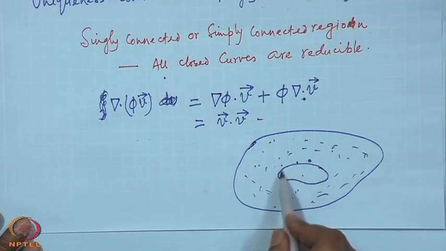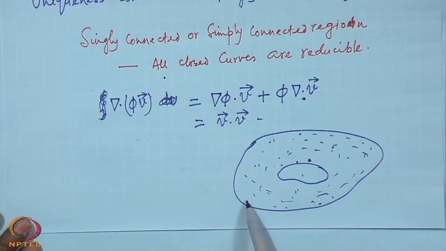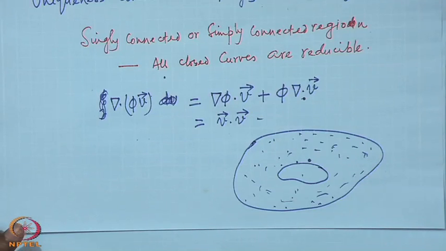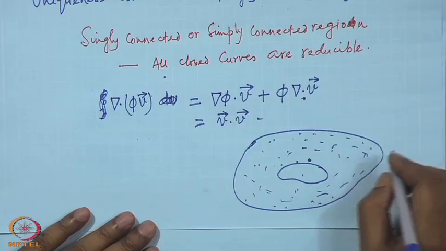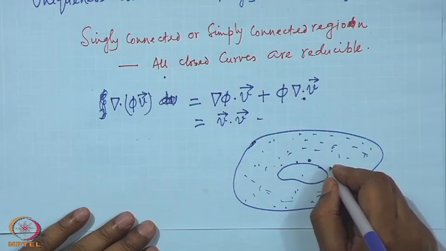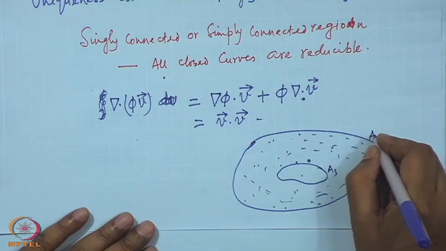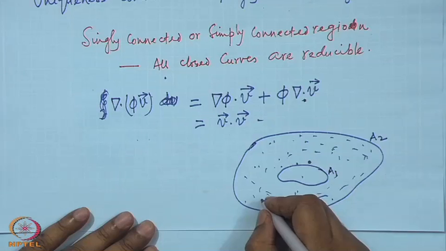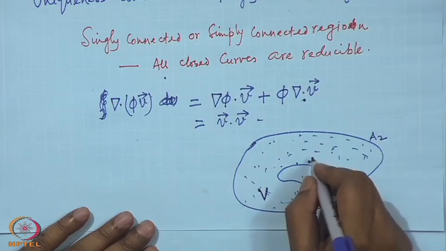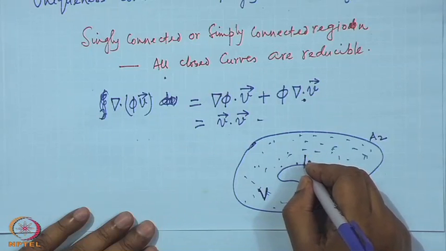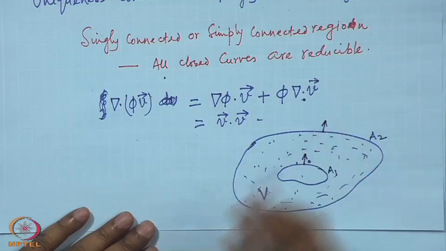This is a boundary and this is the other boundary far away. Let us call this surface A1, this surface A2, this is the volume V, and consider outward normal with respect to the boundaries.